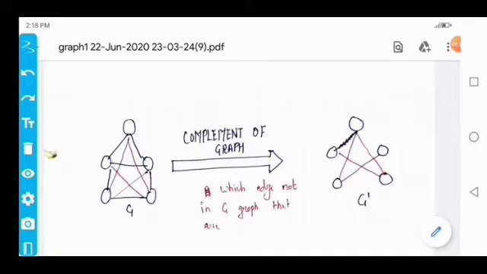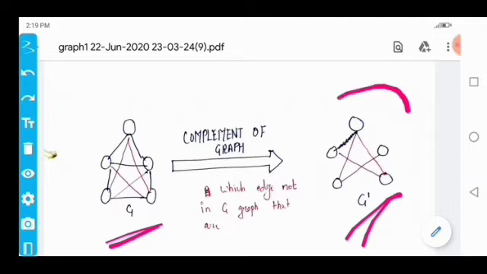Complemented graph. So in the case of a given graph, we can find the complemented graph, means edges which exist in the graph G do not exist in the graph G dash, and edges which are not included in the graph are shown in the complemented graph.